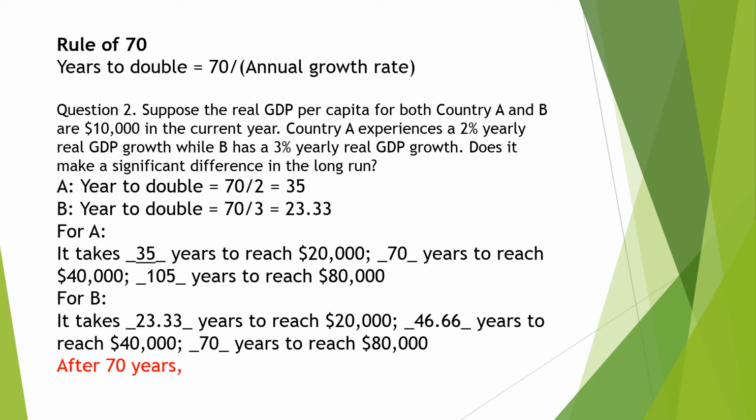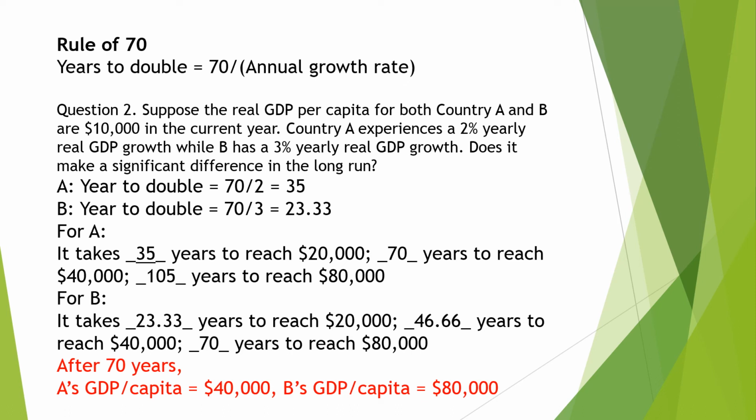Let's see what the difference is between the two countries. They start at exactly the same GDP per person. After 70 years, A's GDP per capita reaches 40,000, while for B, after 70 years, their GDP per capita becomes 80,000.